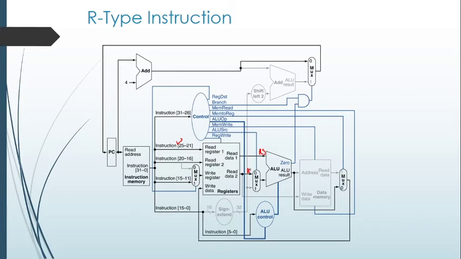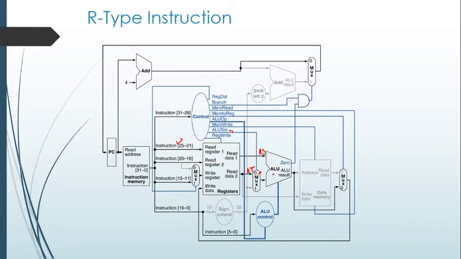So we have the first multiplexer here, which has ALU source. What will be the value of this control signal in this scenario? For an R type instruction, ALU source will have a value of 0. This is the value for the ALU source multiplexer select signal, so this is selecting the first input, RT, from the register file.